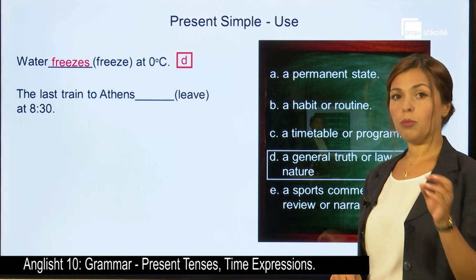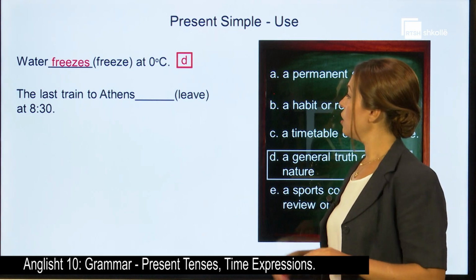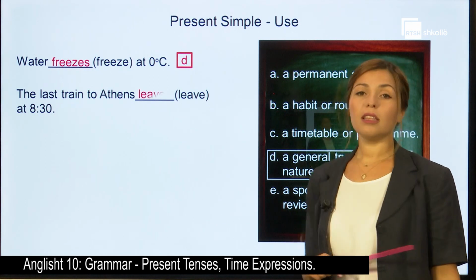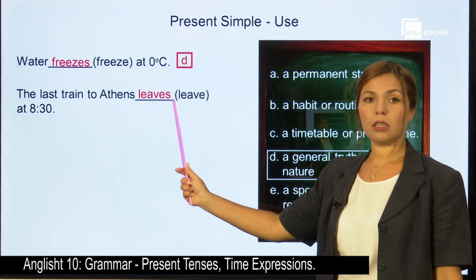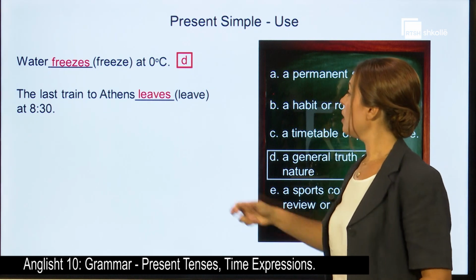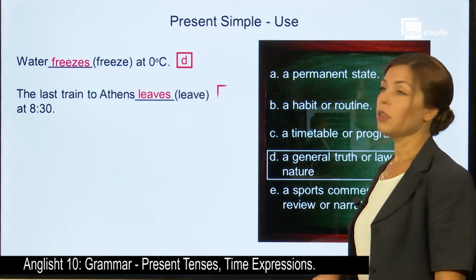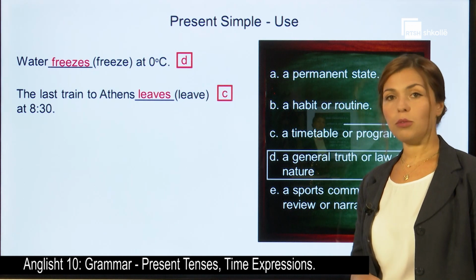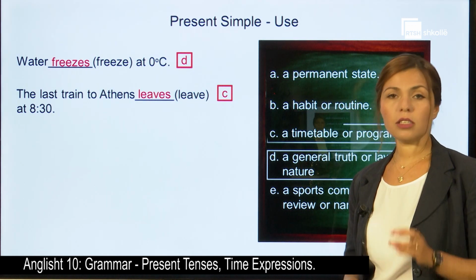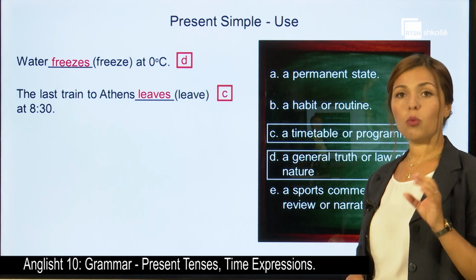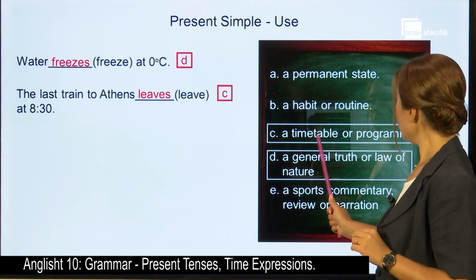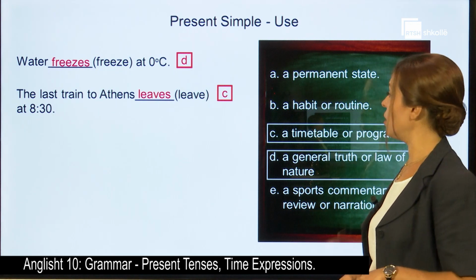The train, put it in the third person. The train leaves. So we need an S. Leaves at 8:30. And what does this show? This is a timetable. So a fixed time. The train leaves, the plane leaves. We know it is a timetable with present simple again.